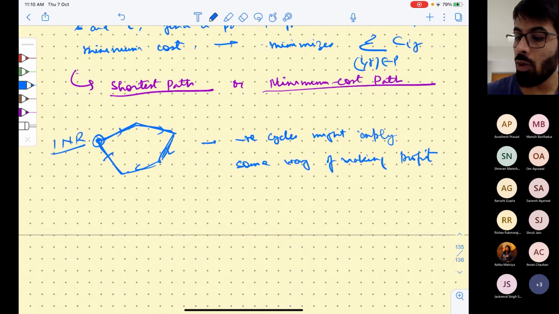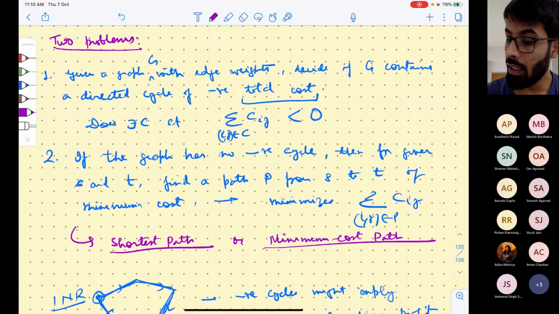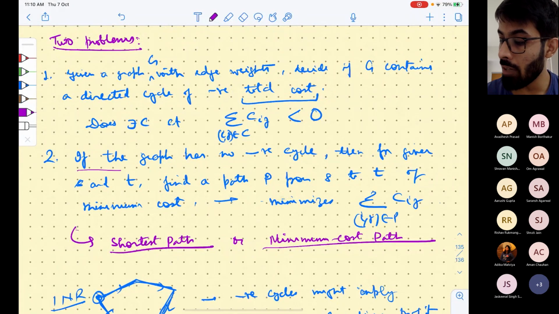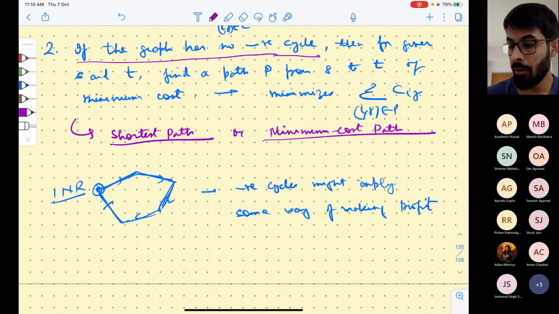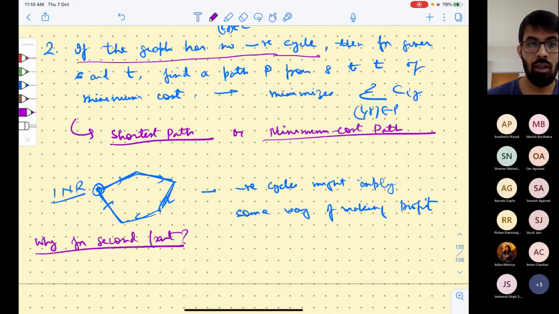Now also, why do we need this requirement for the second part, that the graph has no negative cycle? Because if there was a negative cycle, then we could get very low cost, as low as we wanted.